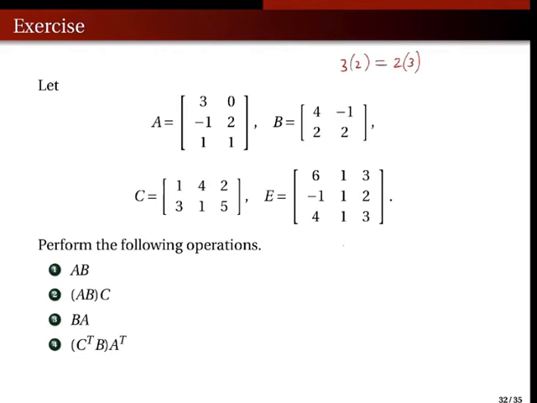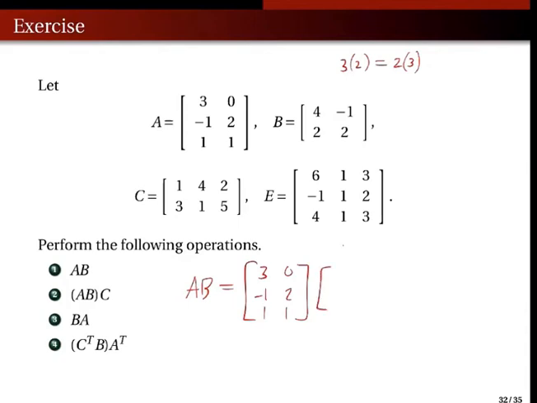Let us do this. So let us start with AB. Let us copy A. You have 3, 0, negative 1, 2, 1, 1. So again, try to work independently and then let us compare answers.